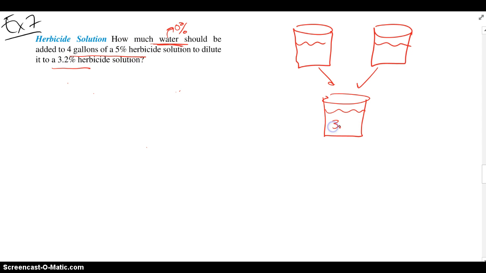So the final solution has a concentration of 3.2%, and we mix water, which has none of this herbicide, with some 5% mixture. The question says how much water should be mixed with 4 gallons of a 5%. So we know the 5% is 4 gallons high, and we don't know how many gallons the water is, but we do know again that we add these two together to get x plus 4 gallons of the final mixture.